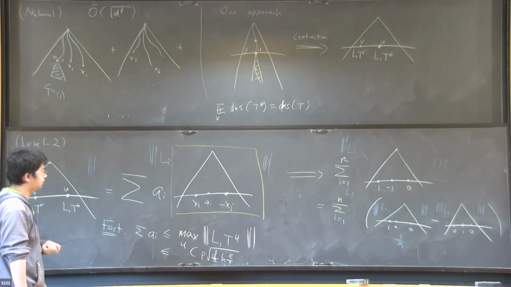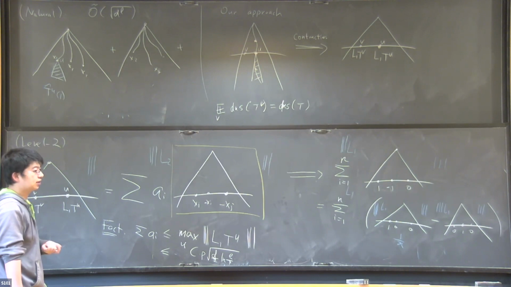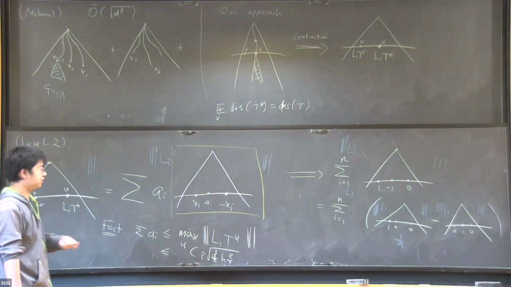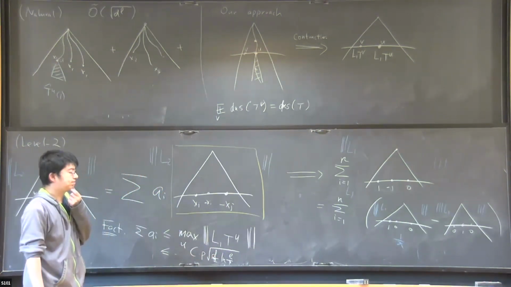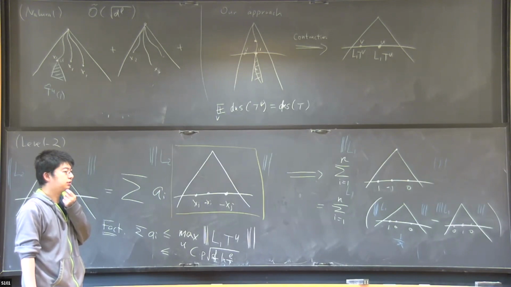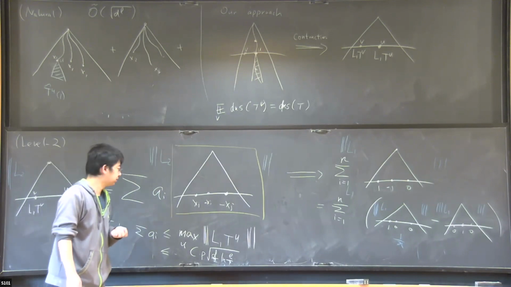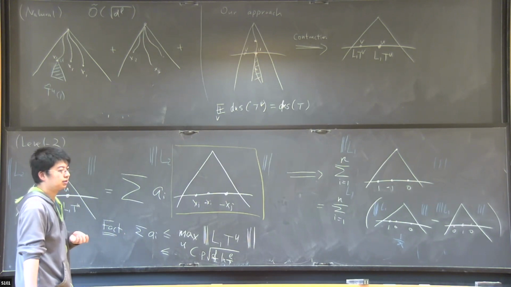P root log 1 over P should be convex. So this is just like the entropy function. All right, wait. I'm missing something. Ignoring this square root, it is just like the entropy function. Ah, yeah, I'm missing the minus sign. Okay. Right.